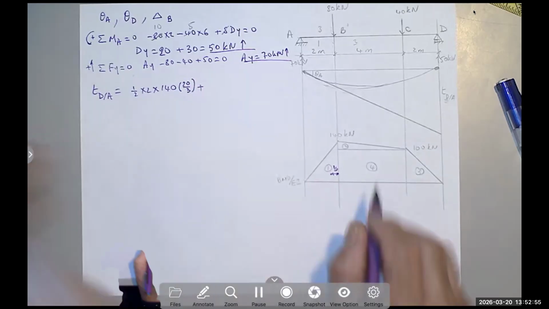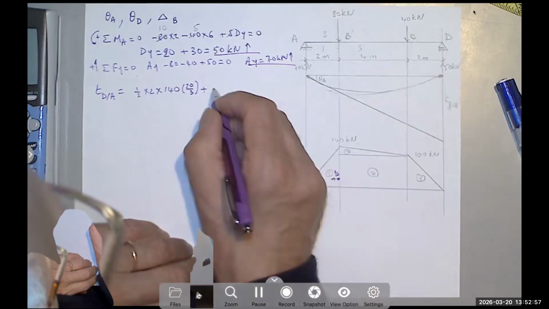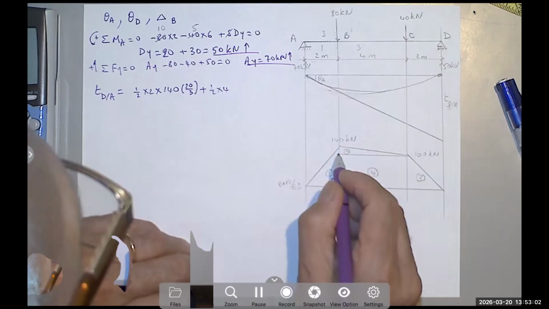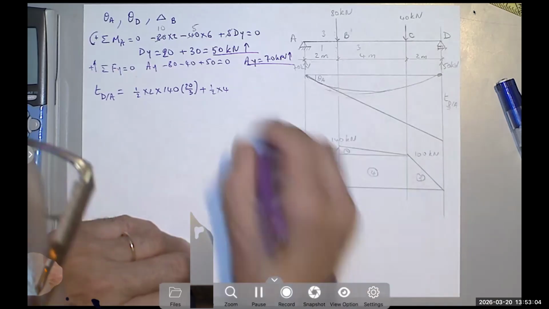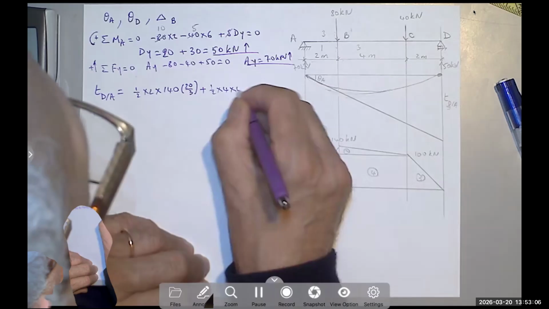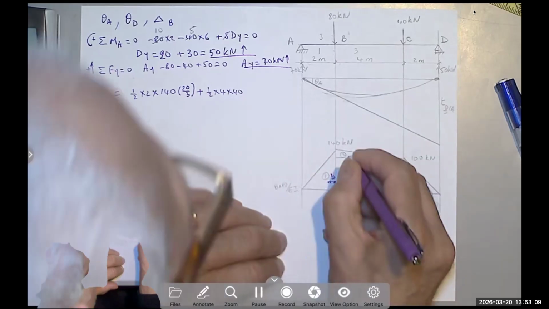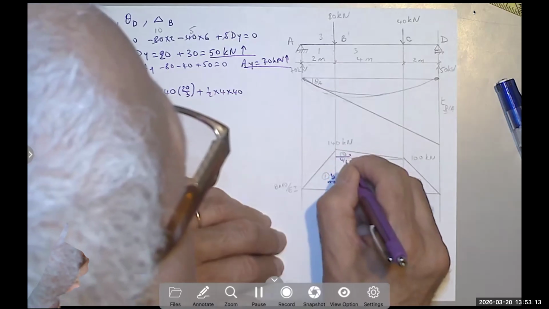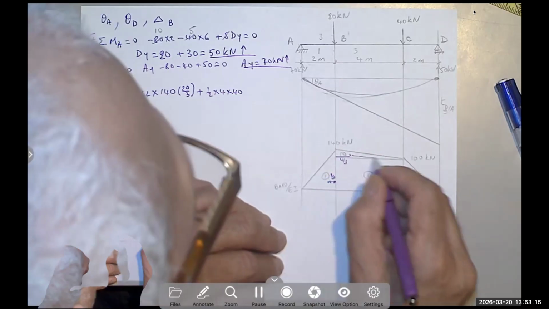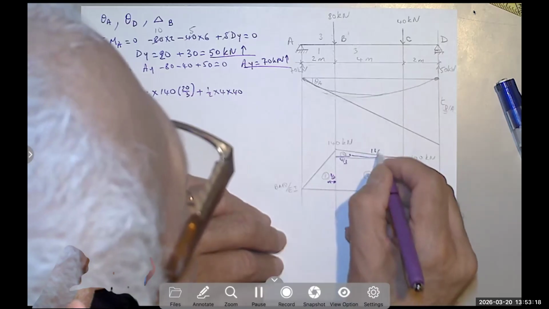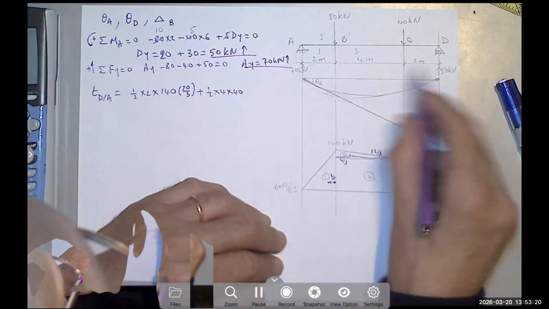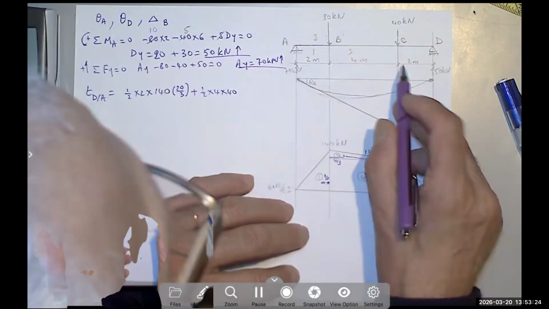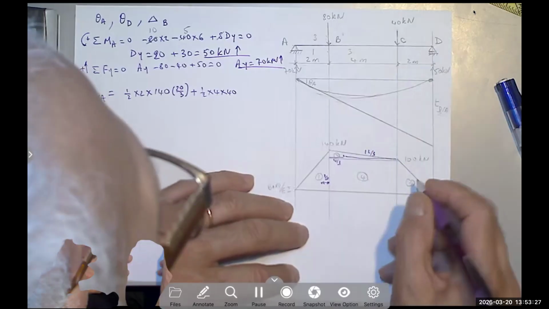Plus, this triangle is 1/2 times 4, the base, times 40, because this is 100, this is 140, so 4 times 40, and the centroid is here. If this distance is 4, it's 4/3 from here.